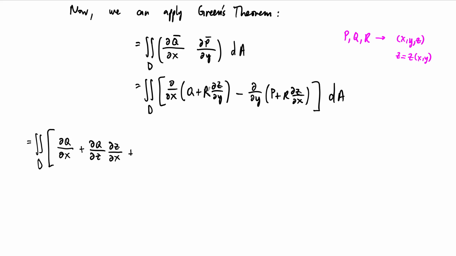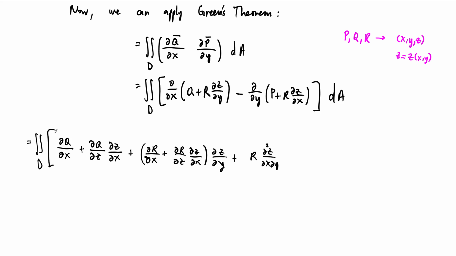Plus, now we have the same situation with R, except that dz dy itself also depends on x. So this is a product rule as well. This one gives us dR dx plus dR dz times dz dx, all times dz dy, plus R times the second derivative, d squared z dx dy.